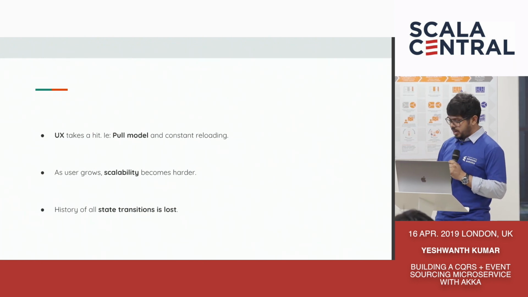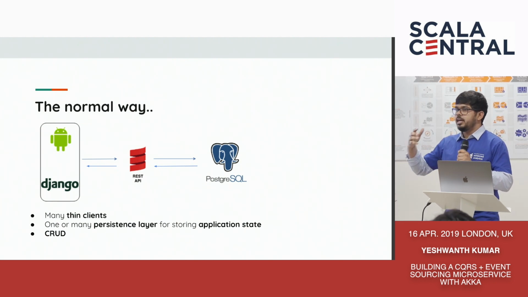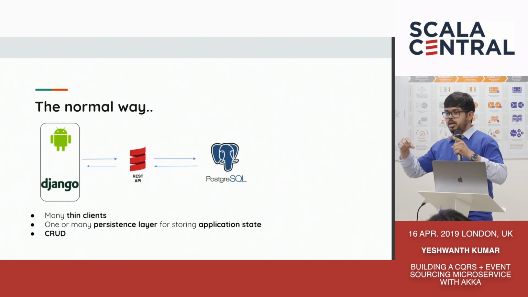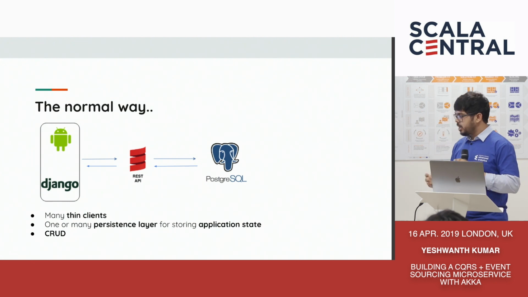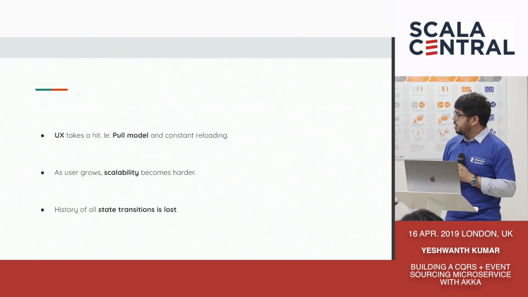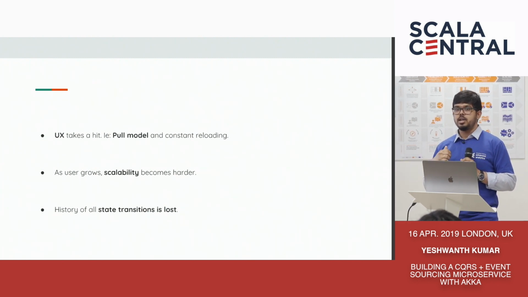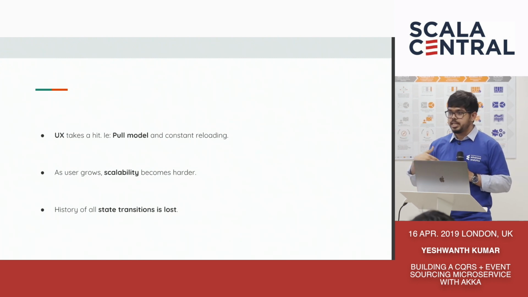You're going to have an application layer, but later on, as you add more databases, it becomes really complex to get the data out of it and get new features up and running, right? And of course, the most important thing is that the history of all state transitions is lost. For instance, I log into my app, I change my first name, and I change my address.